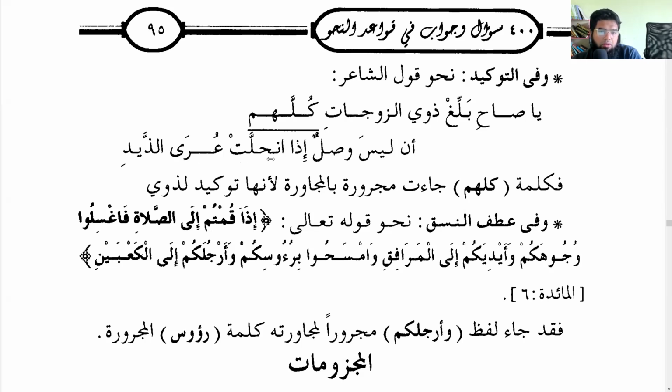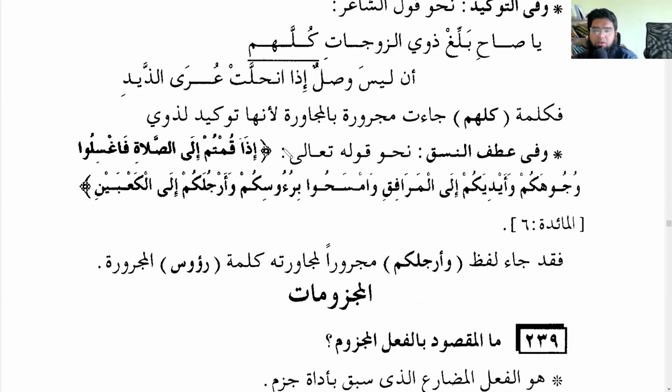Bonds of pleasure are unraveled. That means you have to take care of this thing. If there's no pleasure in marriage and all that, then there's no clear wasl. So he says كلهم جاءت مجرورة, but this is a mistake. It's كلهم. This is correct. It doesn't come مجرورة. I mean, anyways.